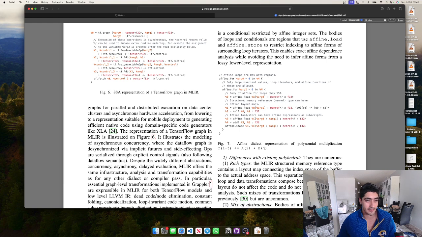Execution of these operations is asynchronous. The percentage sign control return value can be used to impose extra runtime ordering. For example, the assignment to the variable arg2 is ordered after the read explicitly below.